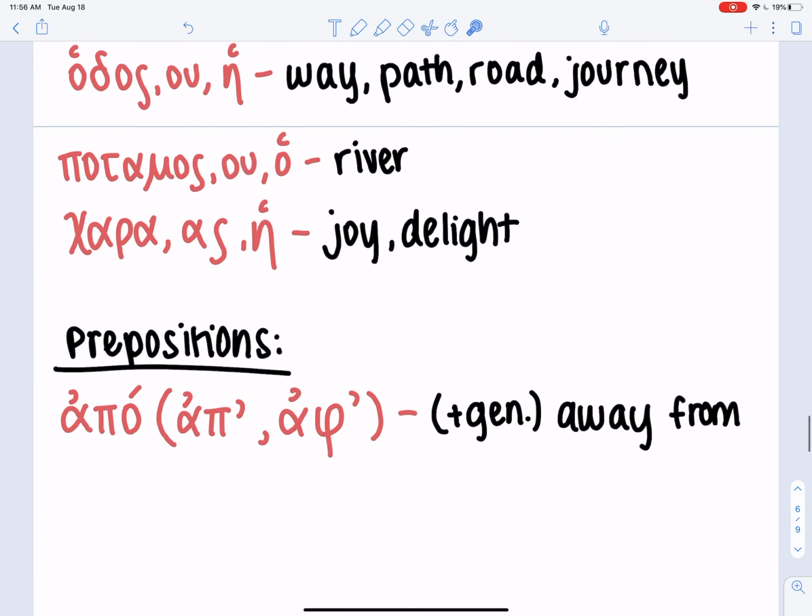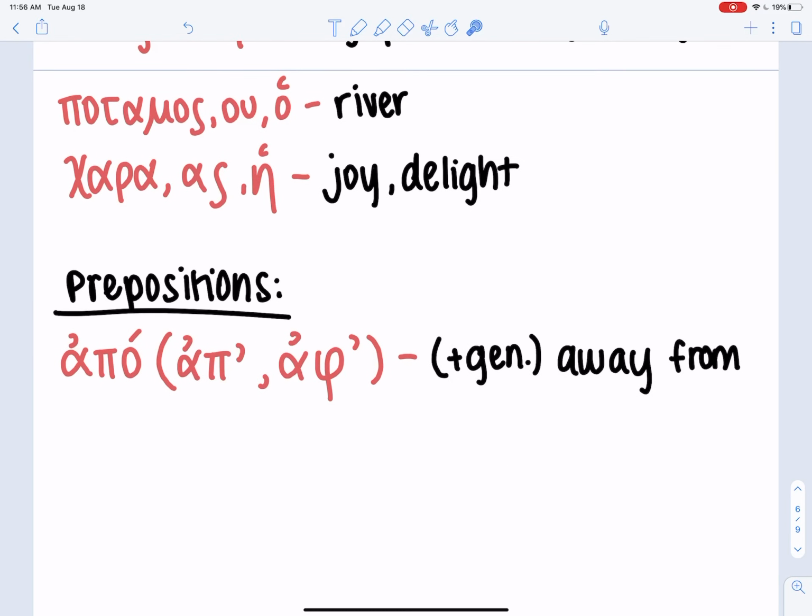Okay, and then we just have one preposition, which is apo. Apo means away from, takes the genitive, and it can either appear as apo, or as ap or aph. Ap would be used before a noun that has a vowel beginning it, or aph can be used before a noun that has a vowel beginning it, but the difference between the two is that ap would appear where there's smooth breathing beginning the next word, and aph would appear where there's rough breathing.